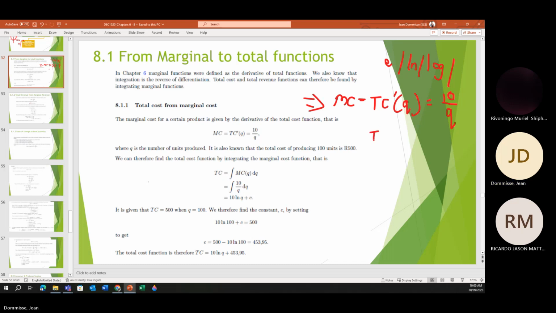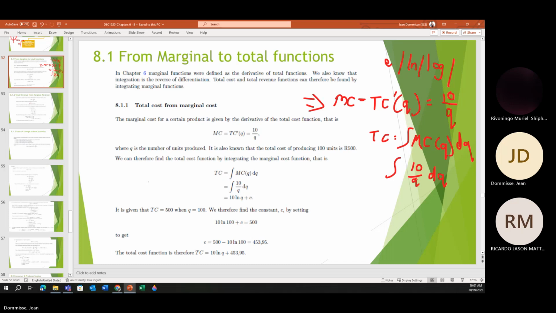So we will need to work out total cost. Total cost is when your marginal cost is integrated, dQ. So out of this one, we can see your marginal cost is 10 over Q, dQ.